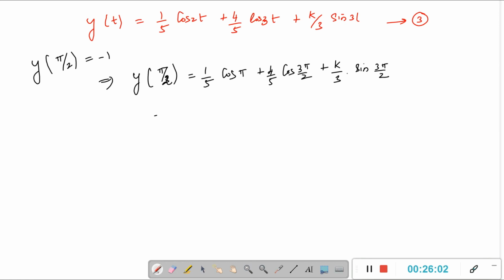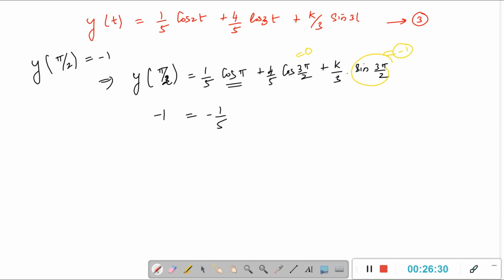So this value is equal to minus 1. Cos pi is equal to minus 1, so minus 1 by 5. Cos 3 pi by 2 is also going to be 0.